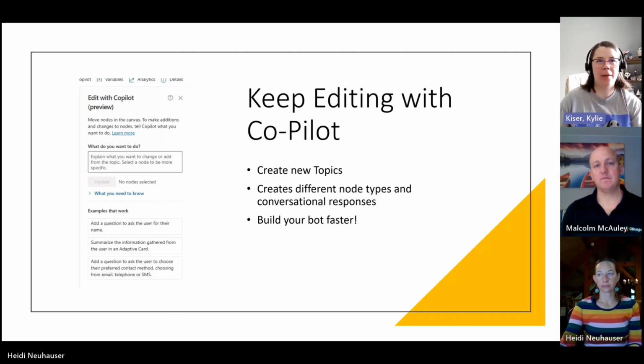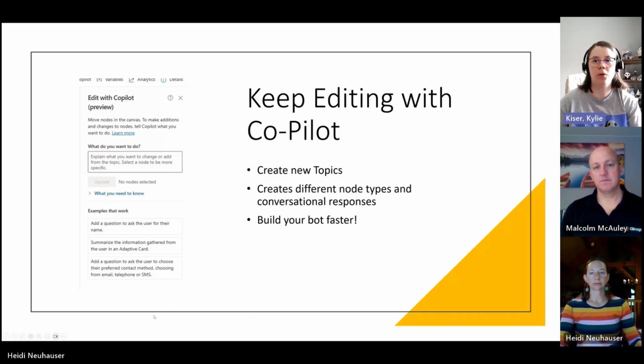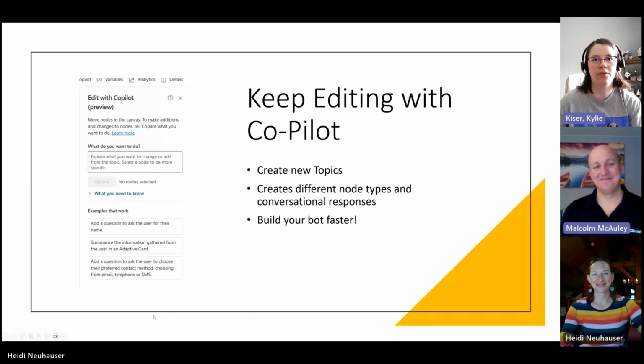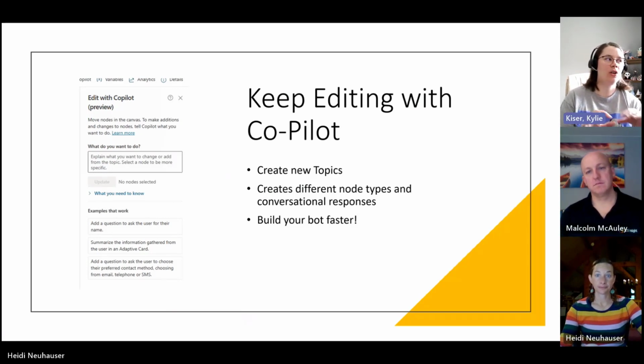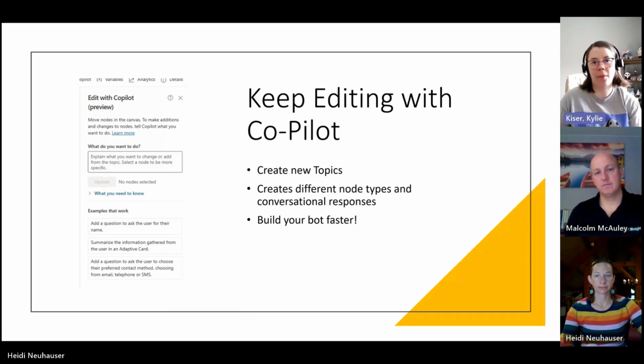Now with Copilot, I believe this is in preview. I think there is a date for general availability, but I, of course, did not write it down. That would have been helpful. But you can use Copilot to help you create those topics. Previously, you would have to configure all of the trigger words and build that whole topic out.